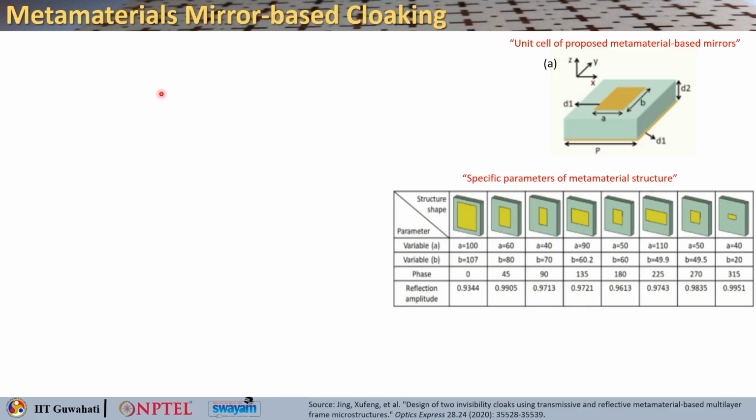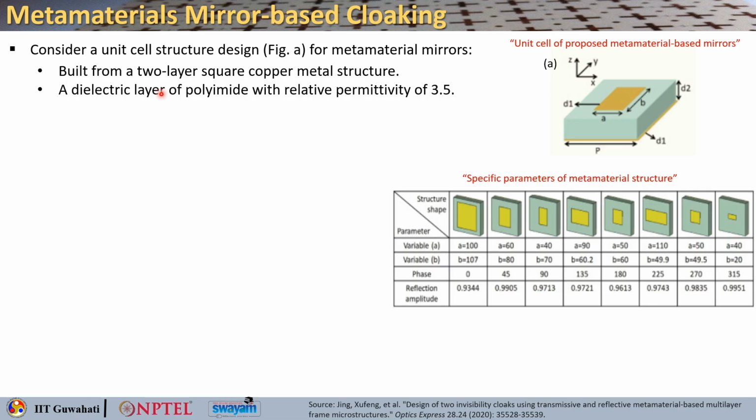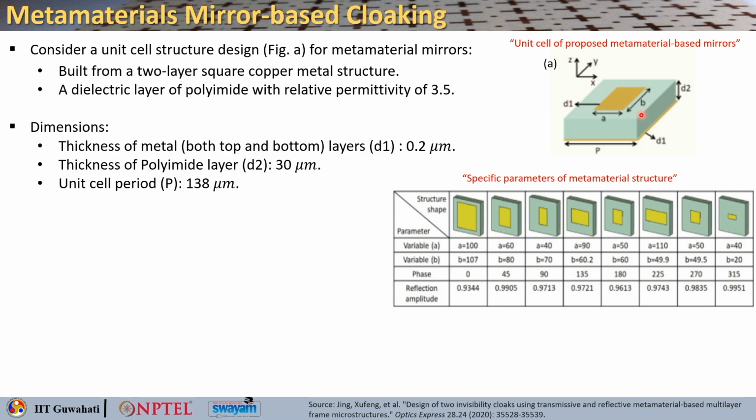So let us first consider metamaterials mirror based cloaking. So let us consider this particular unit cell for the metamaterial mirrors, okay. So it is basically built with a 2-layer square copper metal structure, so one on the top, one at the bottom, okay, and then there is a dielectric layer of polyimide in between, which has got a relative permittivity of 3.5.